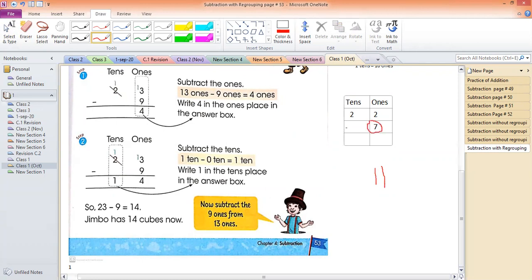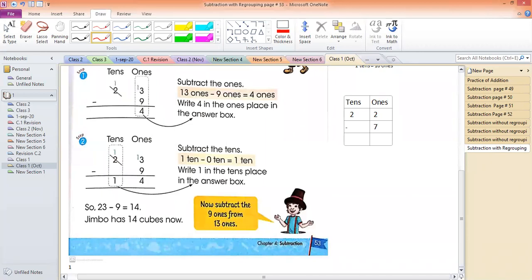It's 7. Oh my god, I cannot cut 7. This is only 2. I can either cut 1 or cut 2. I cannot cut more than 2 because I drew only 2 lines. So that means we cannot minus 7 from 2. Why can we not minus? Because 7 is a bigger number.